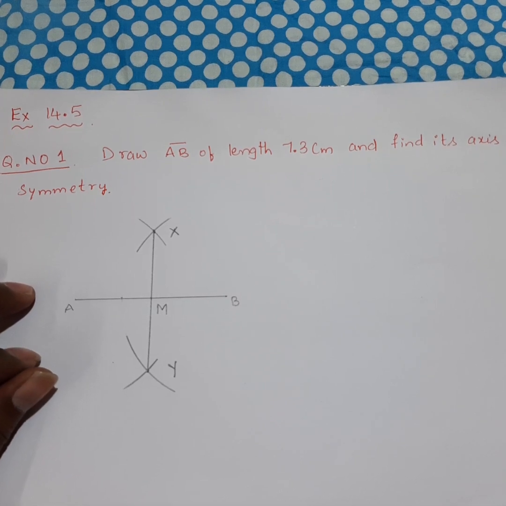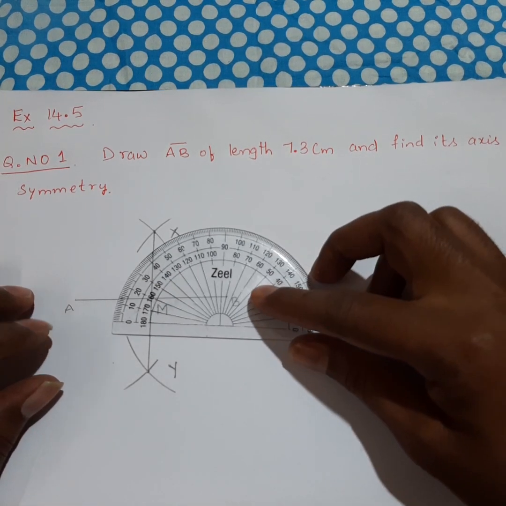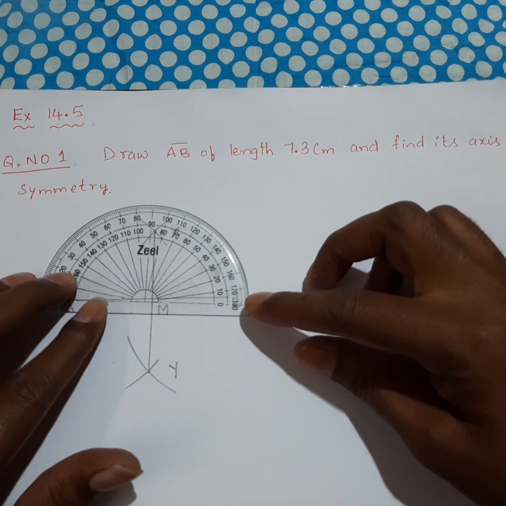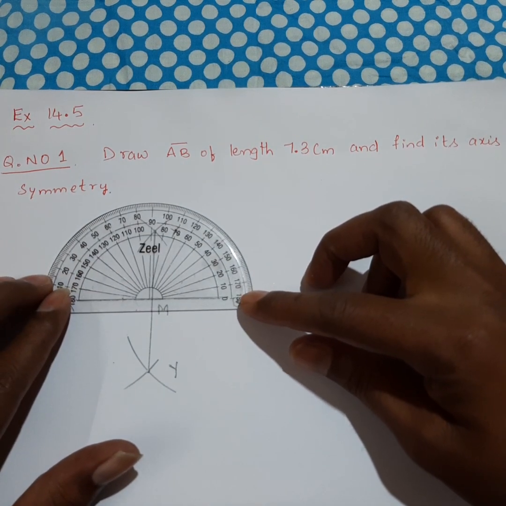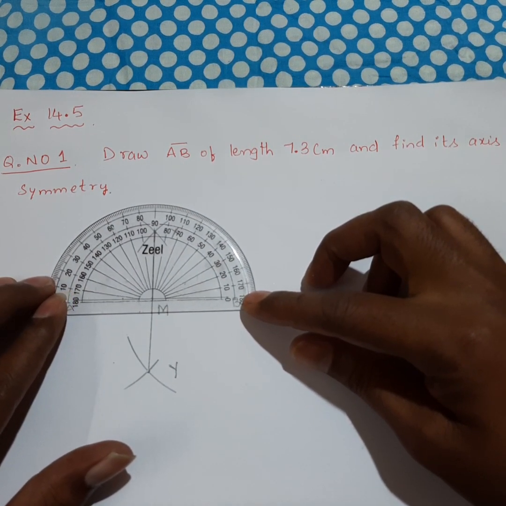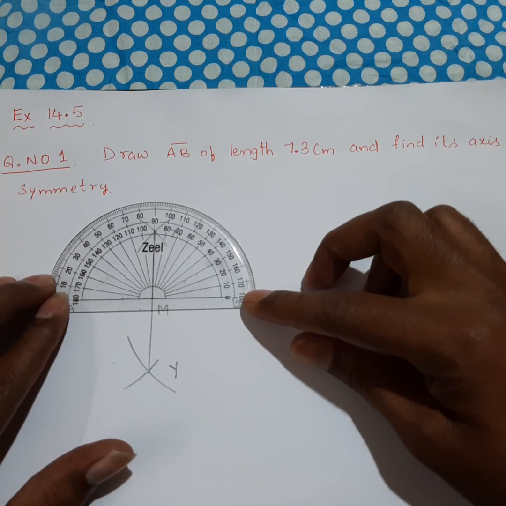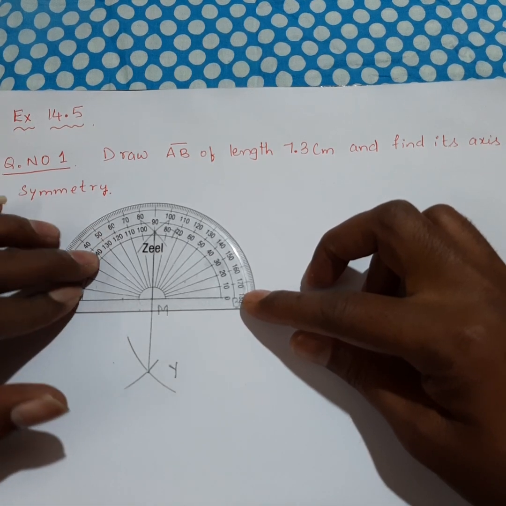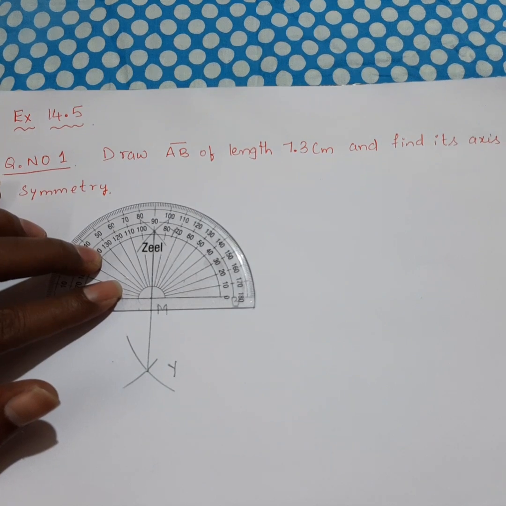Now by using a protractor you can measure the angle AMB, or sorry, AMX. You need to keep it like this. See, exactly it is showing 90 degrees.